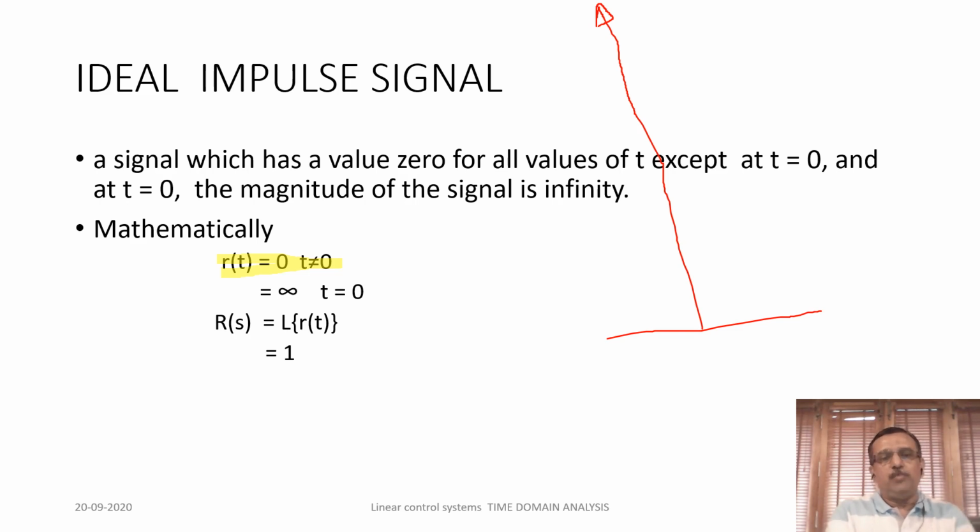One great advantage of ideal impulses is the Laplace transform. The Laplace transform of r(t) is R(s), because we always want R(s). If r(t) is an impulse, you know that R(s) is 1.